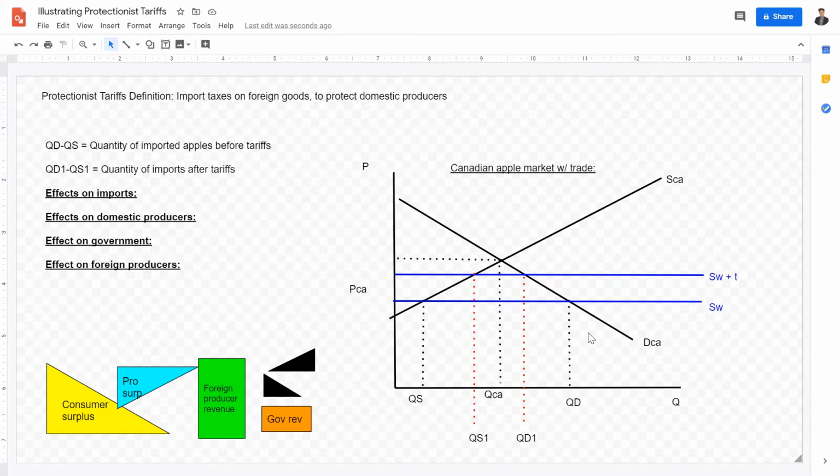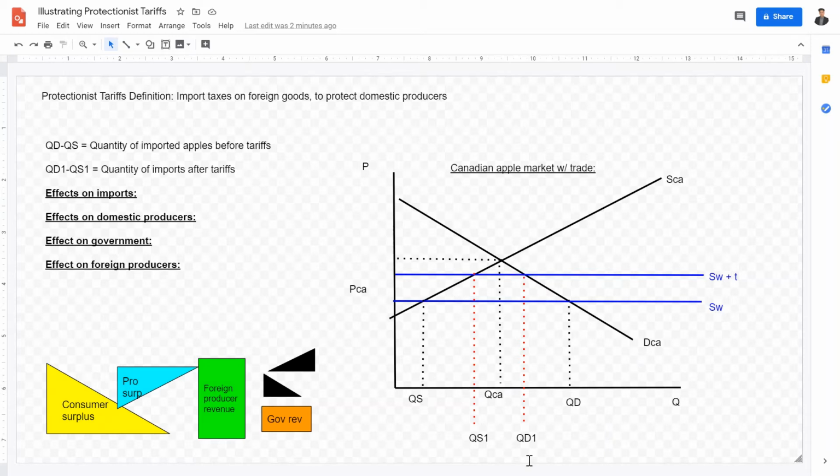Now, what does a protectionist tariff look like with this graph? We add exactly the same line, but shifted upwards, which is world supply plus tariff, and that will give us the intersection with SCA and DCA, the domestic supply of Canada and the domestic demand of Canada.